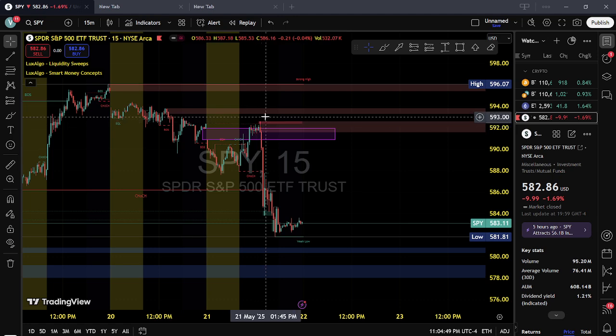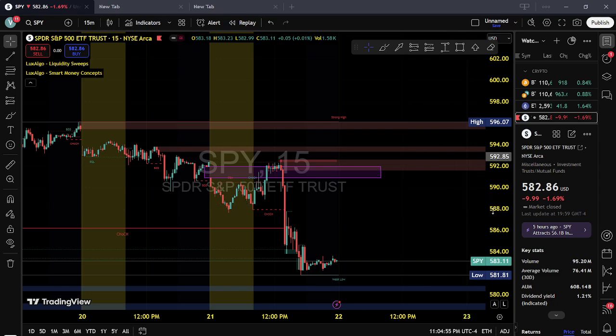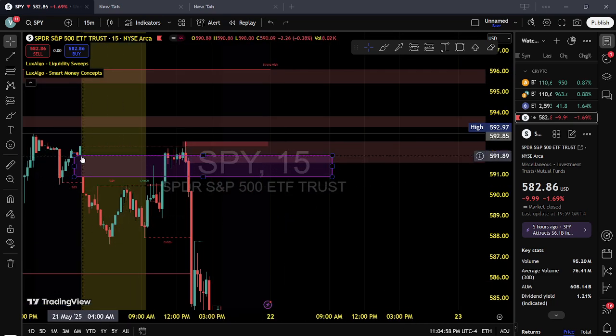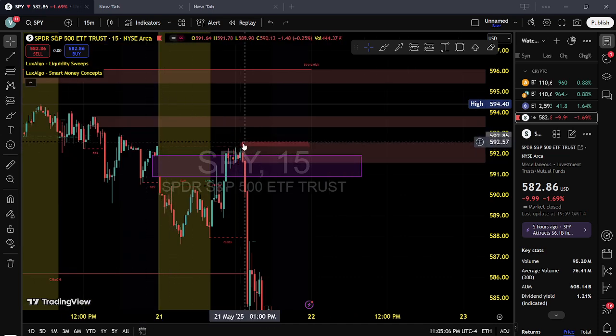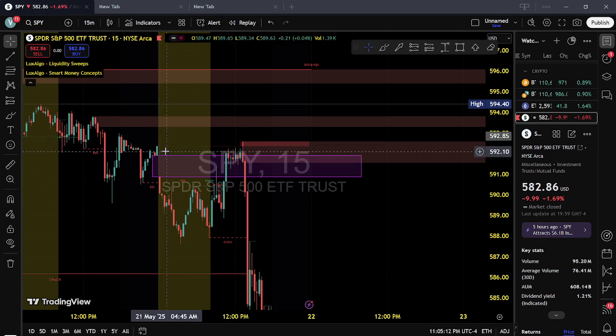Lots of people definitely would have gotten stuck in this particular trap, because look at this, they break out. Everyone will think, okay, the break is done already, let's enter a call, because at this particular wick, they broke the pre-market high already, and then the high of the market from yesterday.